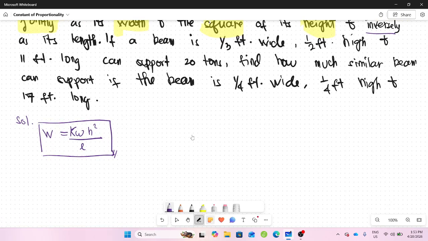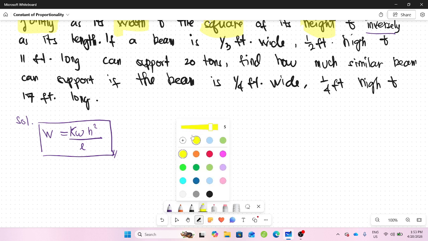Let's focus on the next statement here. Now, if the beam is 1/3 feet wide, okay, so we have here condition number one.